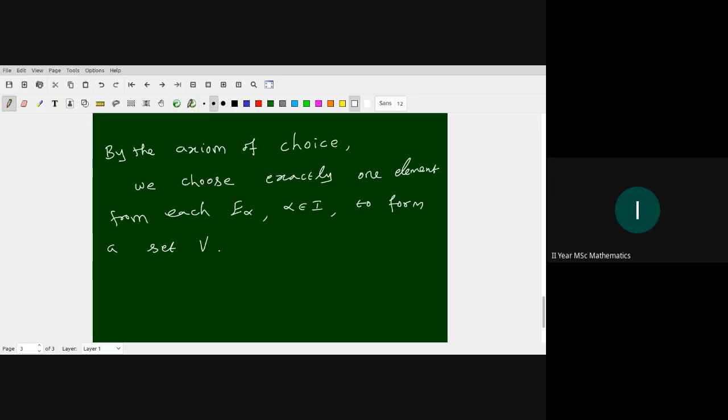Okay, what does this mean? V is the set. This means the following.